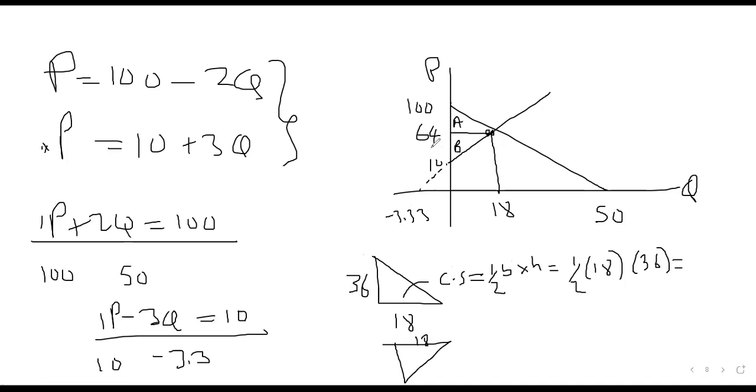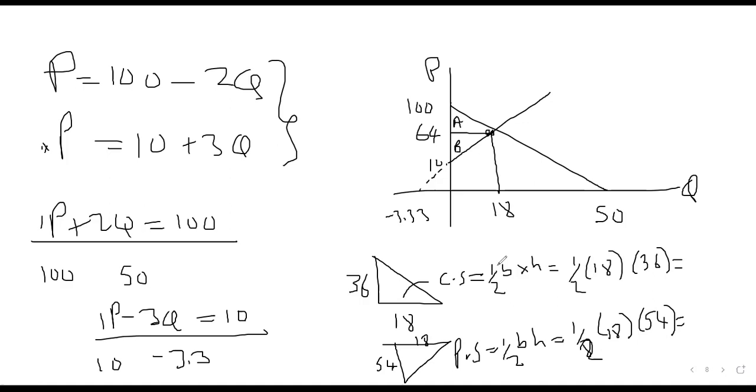Then here, the distance from here to here is 54. So producer surplus, therefore, is going to have base times height. So our base is 18 and our height is 54. So now we compute, multiplying these parts, we calculate the consumer surplus and the producer surplus.